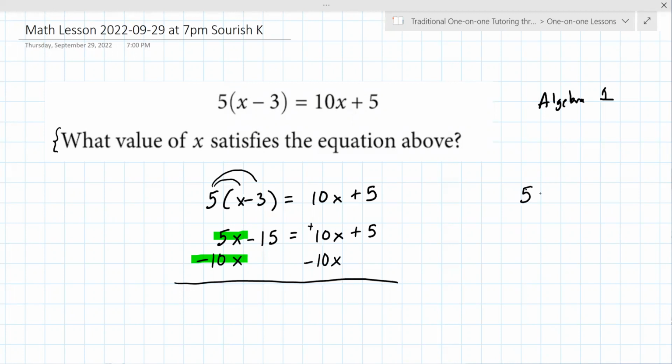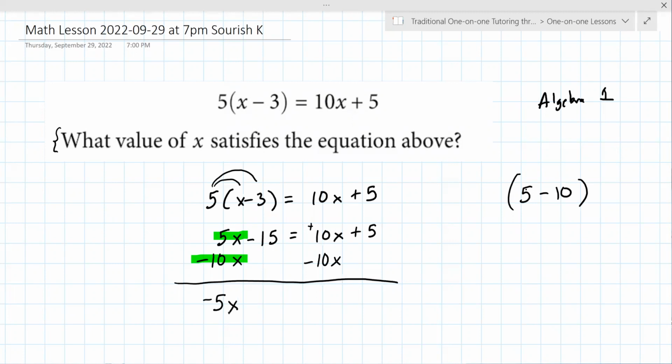You got to be able to take 5 minus 10. What is that? 5 minus 10 is negative 5. Negative 5x.